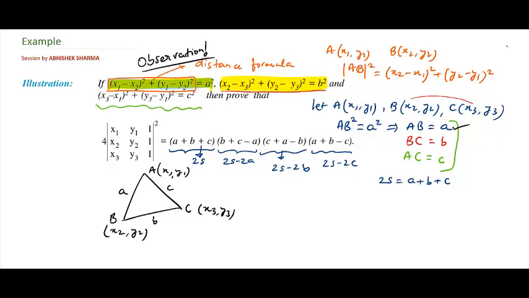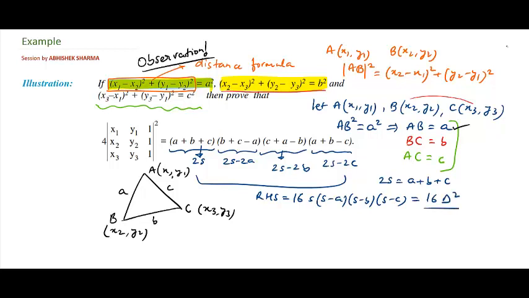So the entire right side is equal to 16 times s into (s minus a) into (s minus b) into (s minus c), which is 16 times the area of the triangle squared using Heron's formula. So the right side is 16 times the area of the triangle whole squared.